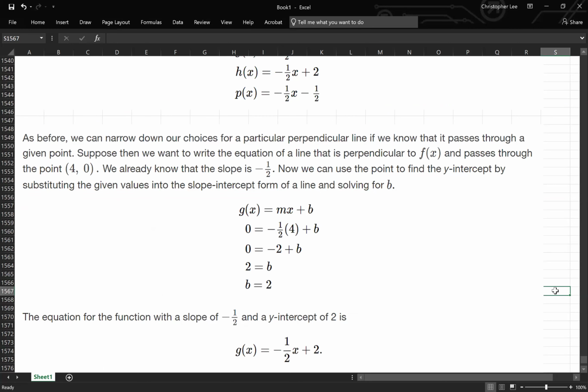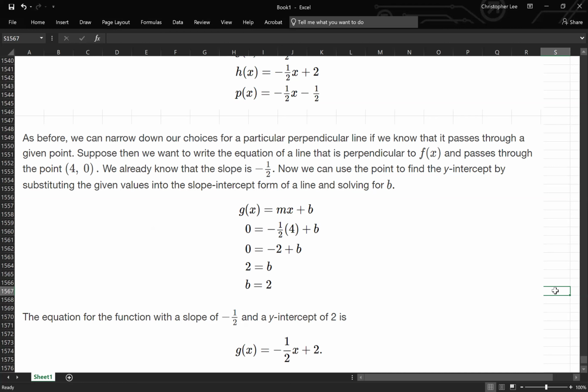So as before, we can narrow down our choices for a particular perpendicular line if we know that it passes through a given point. Suppose we want to write the equation of a line that is perpendicular to f of x and passes through the point 4 comma 0. Now we're back to what we were doing before. We already know that the slope is negative 1 over 2.